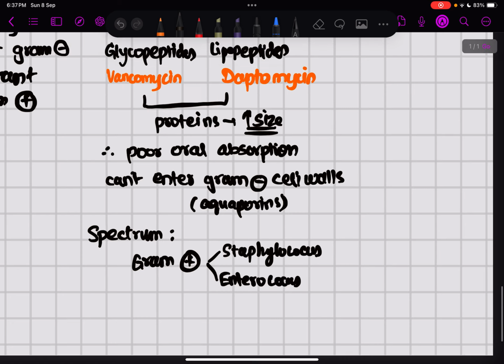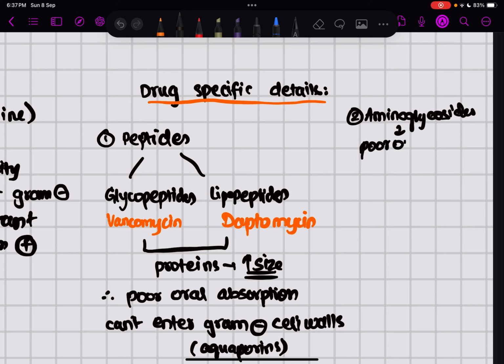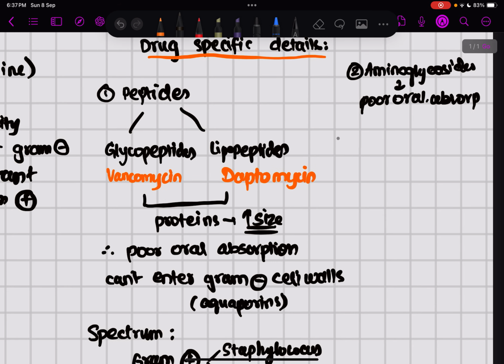Then we move to aminoglycosides. Aminoglycosides have got poor oral absorption. And they are used in monotherapy and polytherapy.